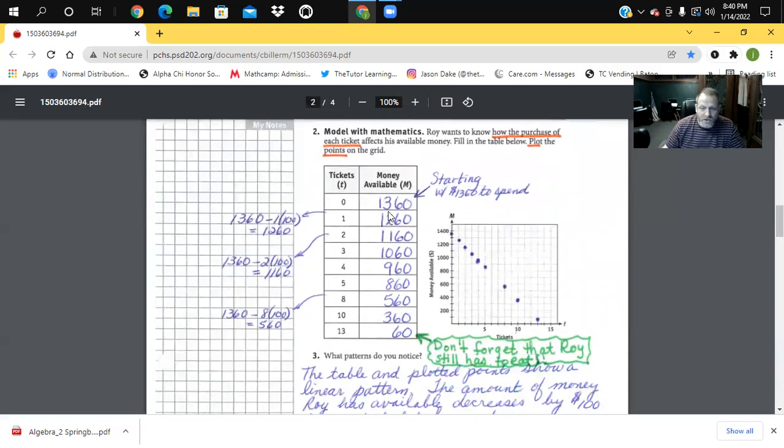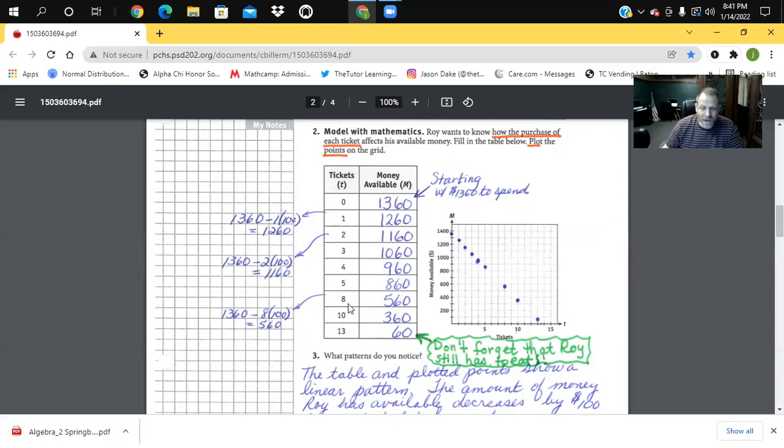So we're going to do 1360 minus the 1 times the 100 to give us the 1260. Then we're going to start back at the top, 1360 minus the 2 times the 100 to give us 1160. And start back at the top, 1360, all the way down.